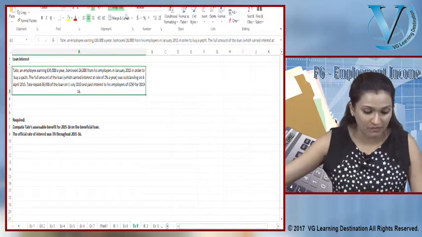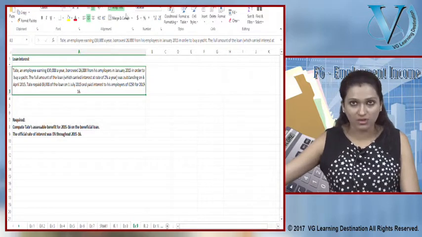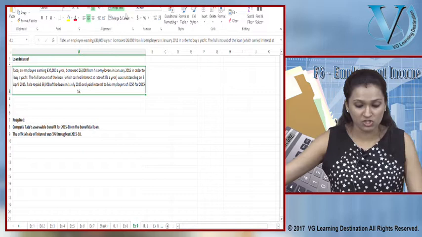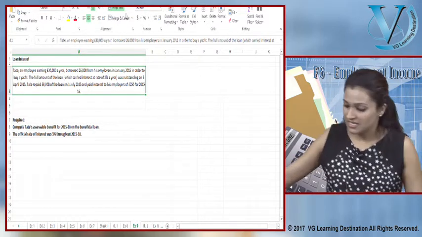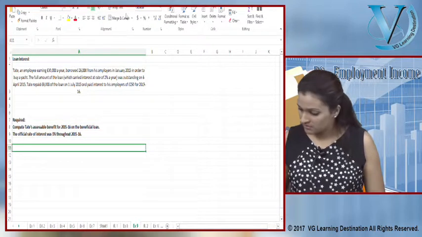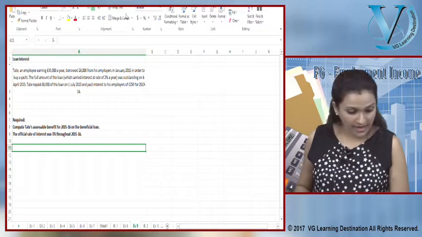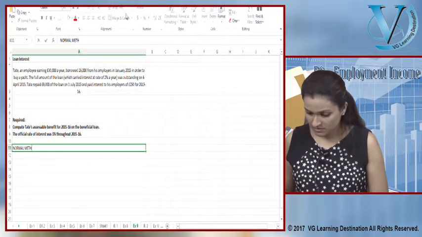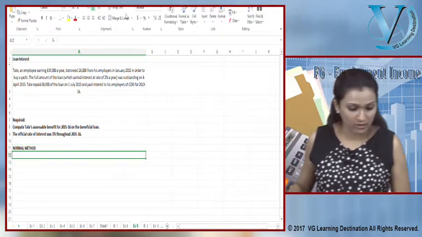So very simply, what we have to do is calculate under both the methods, the normal as well as the strict method. Whatever is more beneficial to us is what we are going to use. So let's find out under the normal method first. Under the normal method, what am I going to take?